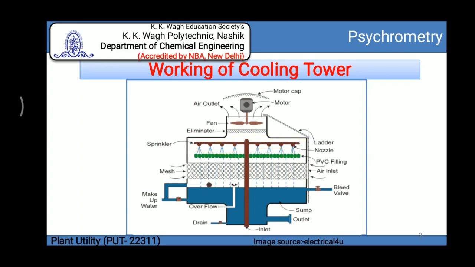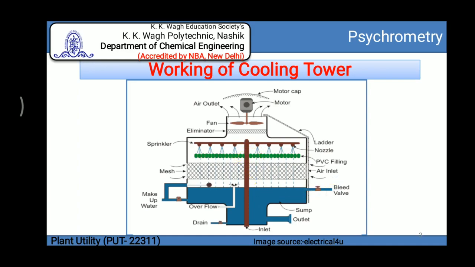The water flows in the tower as droplets because of this sprinkling motion, and the advantage of doing this is that the surface area of contact of air and water increases. The water falls down due to the influence of gravity. The air is input to the equipment through the bottom of the cooling tower.